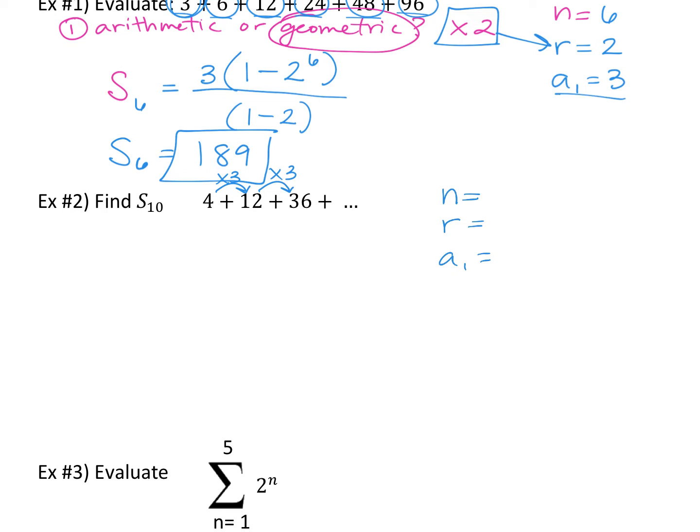Do you know n? What is it? 10. It's 10, right? They said S sub 10. That means the sum of the first 10 terms. What's r? 3. What's a sub 1? 4. So we're going to say S sub 10 equals, and now plug it into the formula. a sub 1 is our 4, parentheses, 1 minus the rate, which is our 3, to what power?